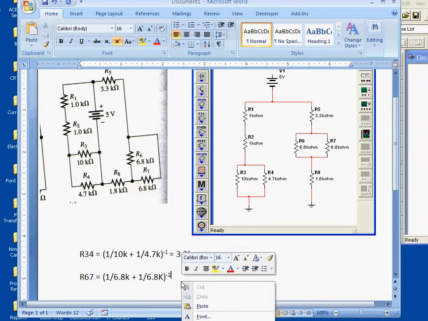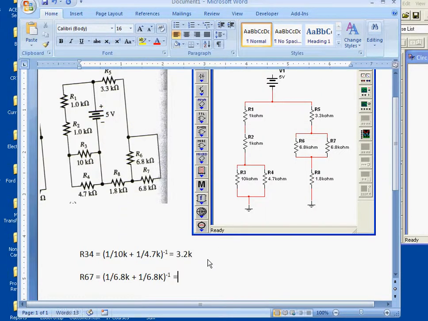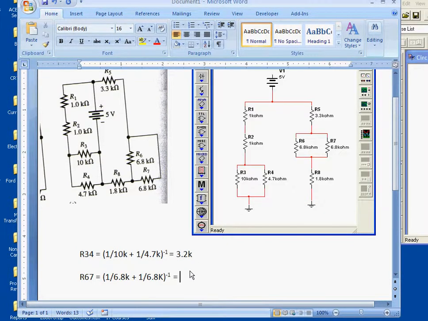Come down to calculate the other one. I'll clear all this out, so it'll be 6.8 inverse, and that works out to be 3.4. Okay.